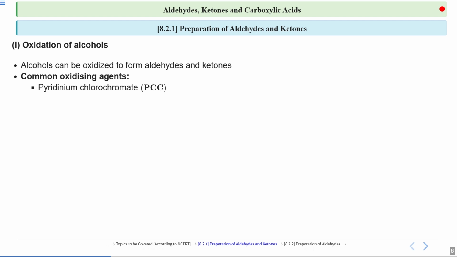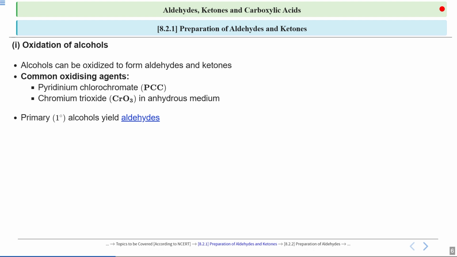The next oxidizing agent which we can use is chromium trioxide, CrO3, in anhydrous medium. This agent is also a powerful agent and it can oxidize alcohols efficiently. CrO3 also prevents the over-oxidation of alcohol. That means it oxidizes alcohols to aldehyde without over-oxidizing it to carboxylic acid.